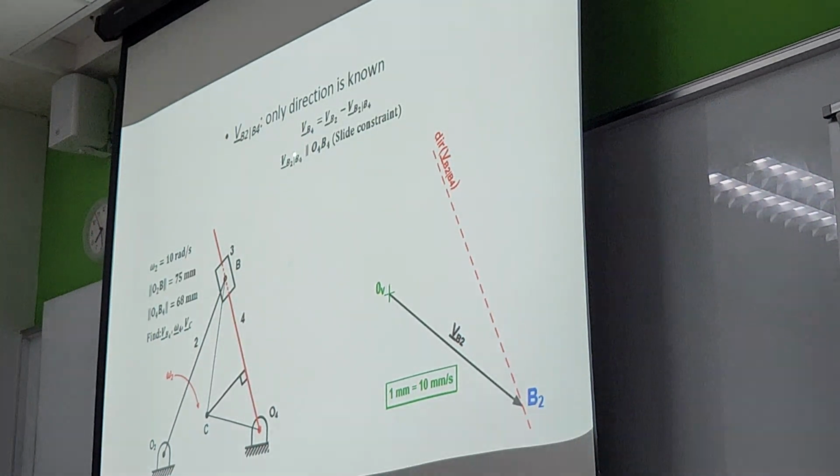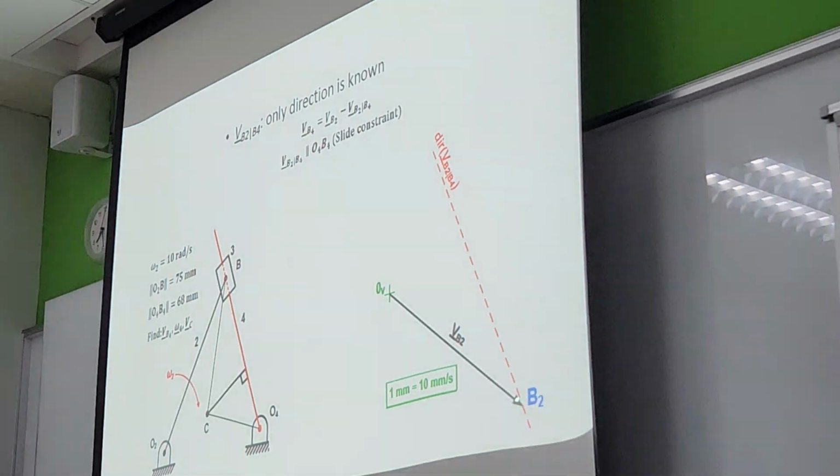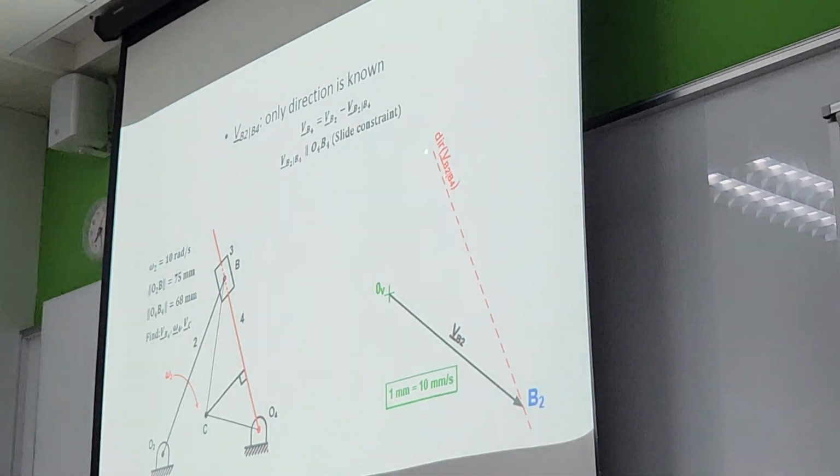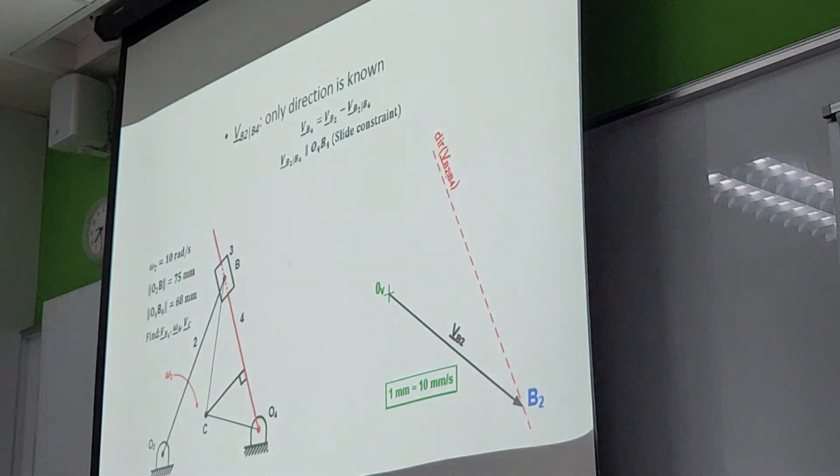So the velocity of B2, B4 will be parallel to the link O4B4. So from the tip of velocity B, we can draw the direction of B2, B4. The relative velocity will be along the direction of link 4.